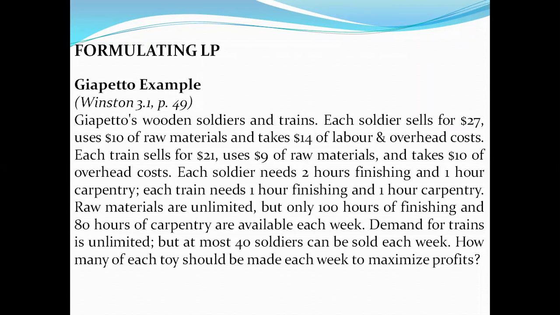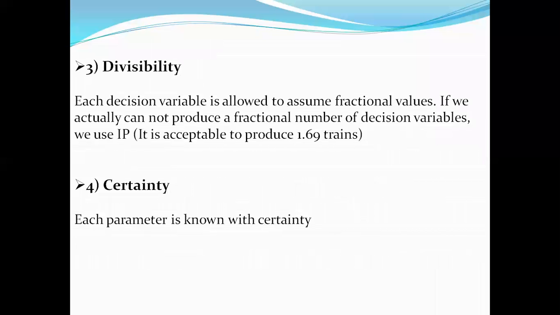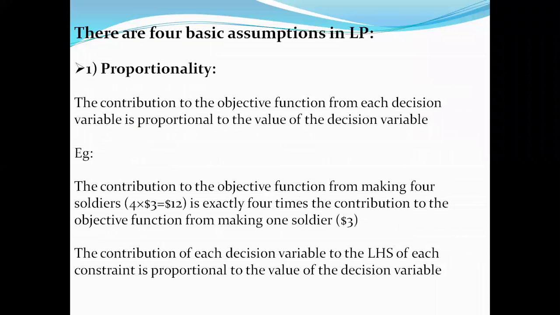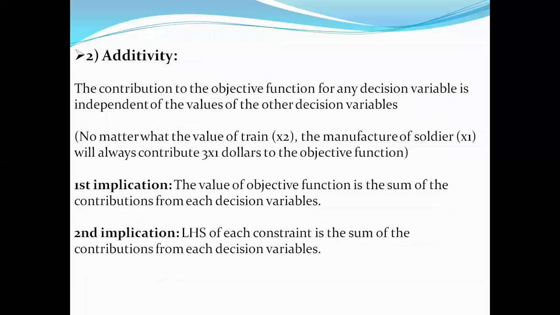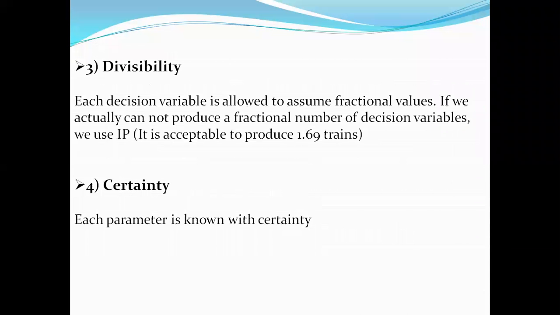But what is the time bound? Here we have discussed that there are four different linear programming assumptions. First one is proportionality, second is additivity, third is divisibility, and next is certainty.